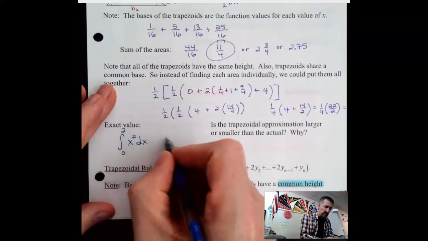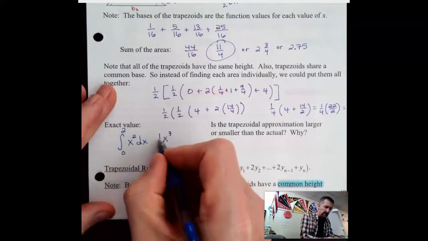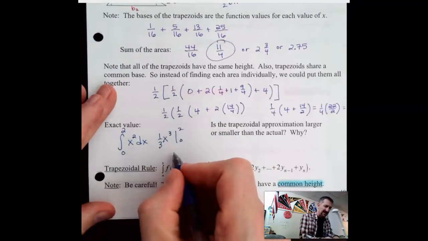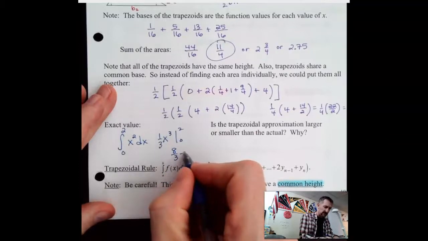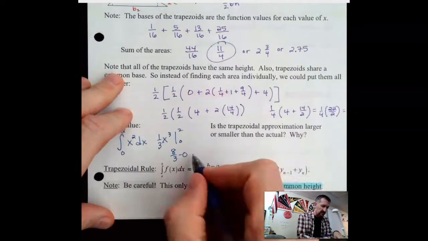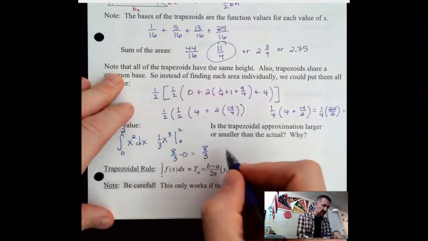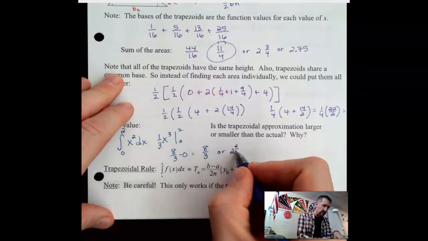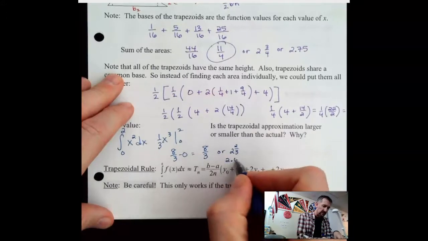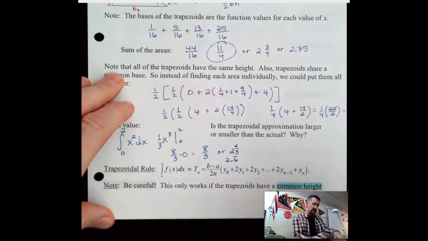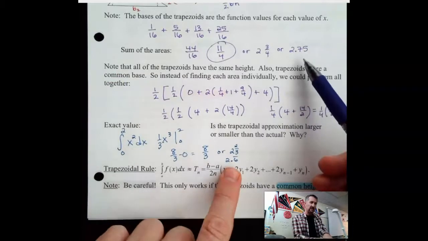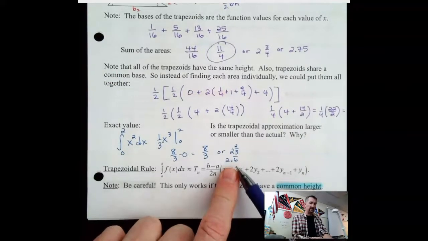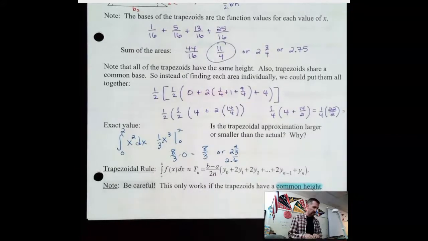So that would be, add 1 to the exponent, divide by the new exponent, 0 to 2. 2 cubed is 8, so that's going to be 8/3 minus 0. So that's going to be 8/3, or 2 2/3, which is 2.6 repeating. So you can see that the approximation was 2.75, and this actual value is pretty close, 2.6 repeating.